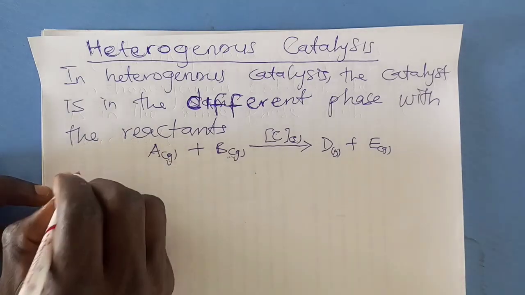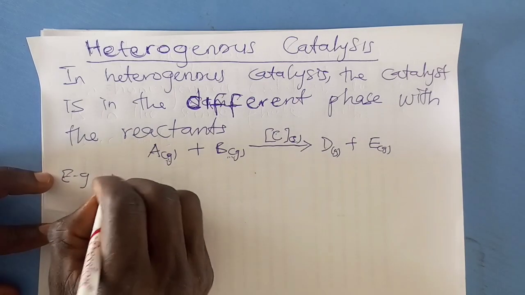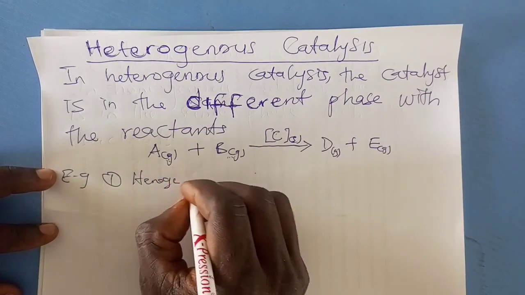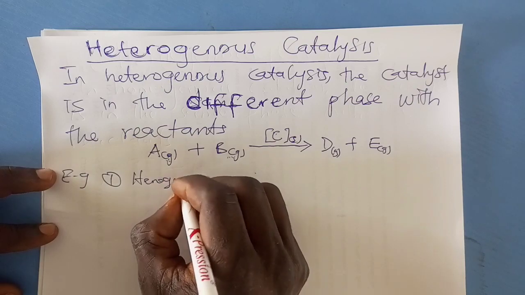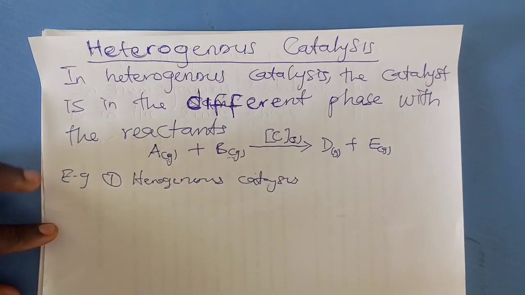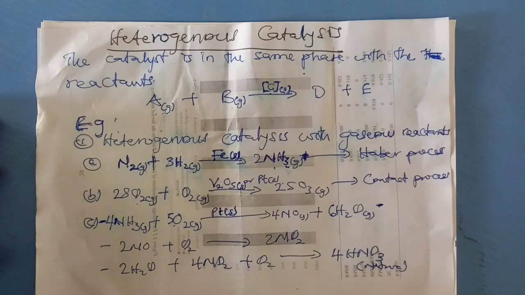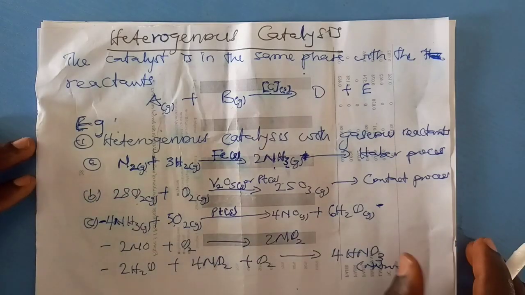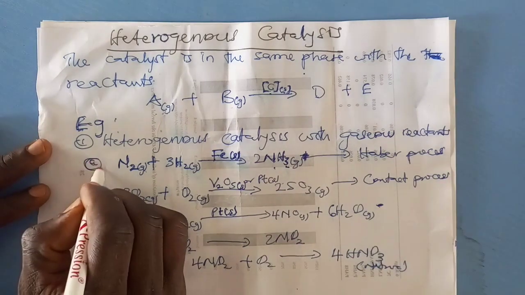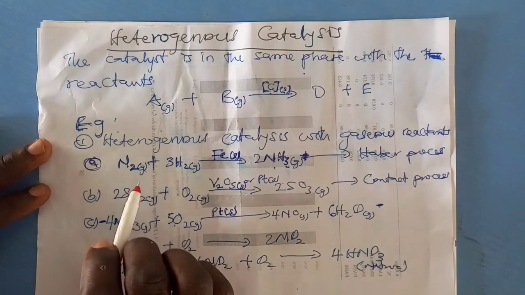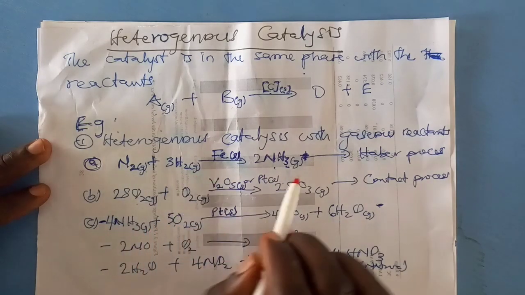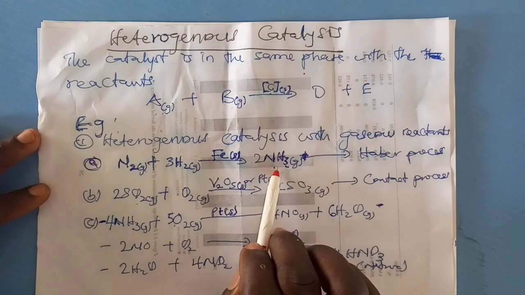I want to give some examples. Take as number one, heterogeneous catalysis with gaseous reactants. As example 1A, we have nitrogen gas plus hydrogen gas to give you ammonia.